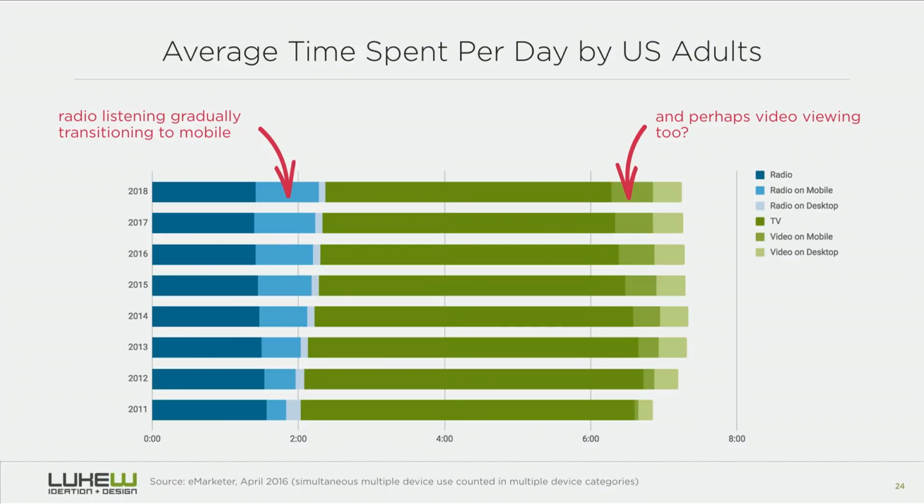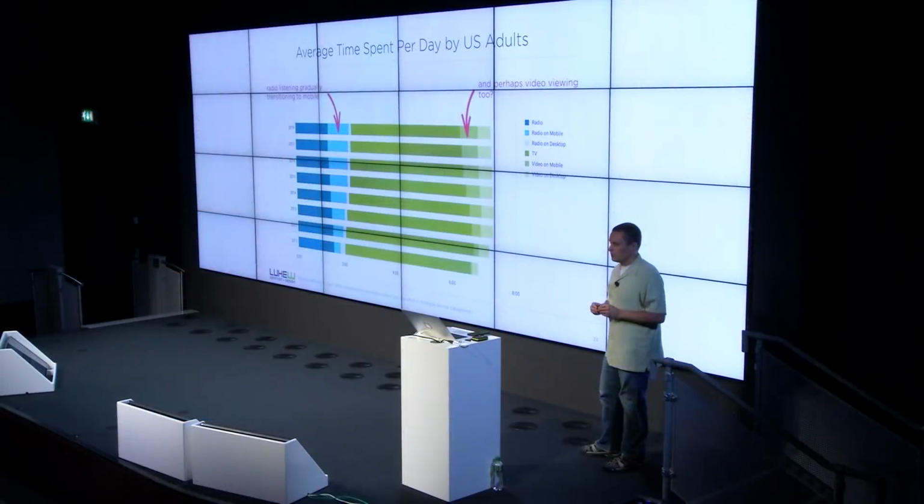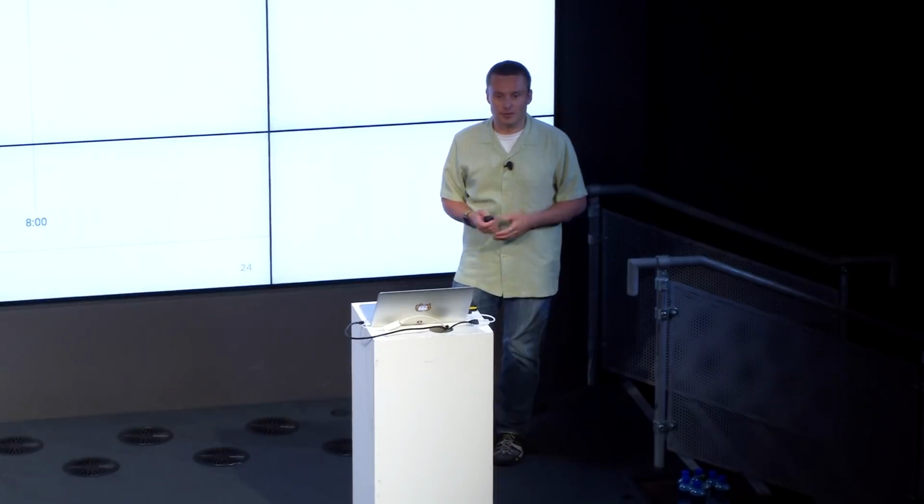Right? But this process is way slower than the overall growth of time spent on mobile. And you can infer what you want about people from this, but I would basically say, look, old habits die hard, right? Takes a while for people to stop doing things like watching TV.